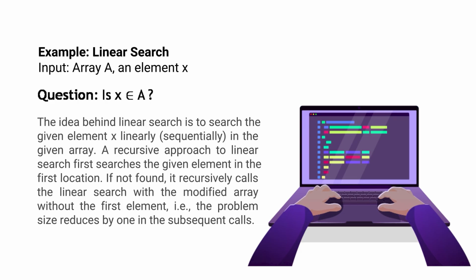A recursive approach to linear search first searches for the given element in the first location. If not found, it recursively calls the linear search with the modified array without the first element. The problem size reduces by 1 in subsequent calls. So, here we are using linear search with the help of recursion.